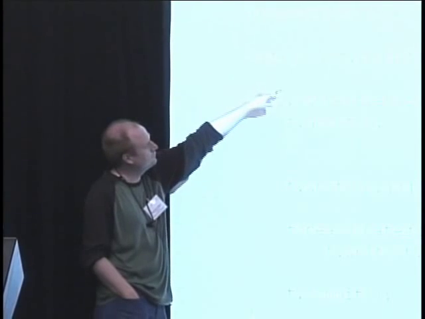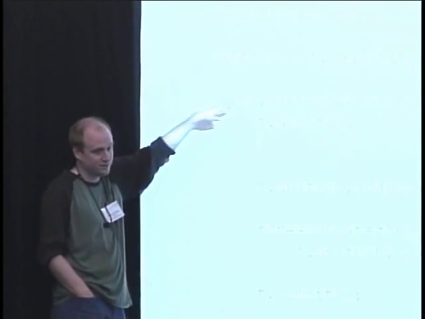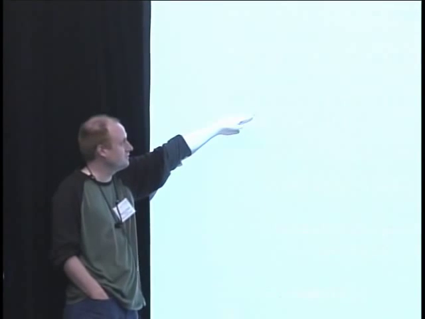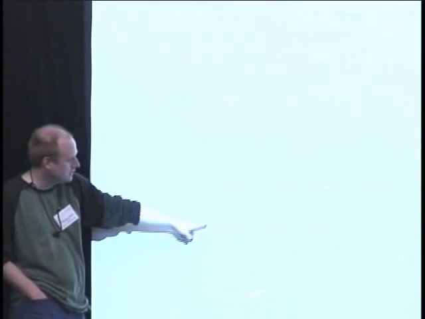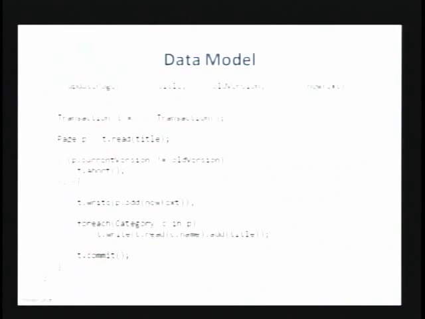You read the old page, check that it is still the old version you expected. If it's not, then there was a concurrent update, and you abort and retry. Otherwise, you write the new version, update the category pages, and in the end, you say commit. There's a Java library called JInterface, which allows you to communicate from Java with Erlang processes. And that's what we are using for the transaction API.